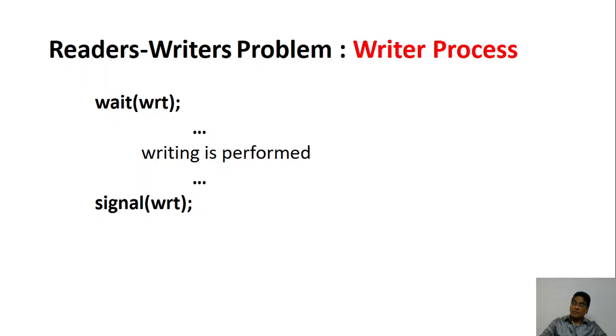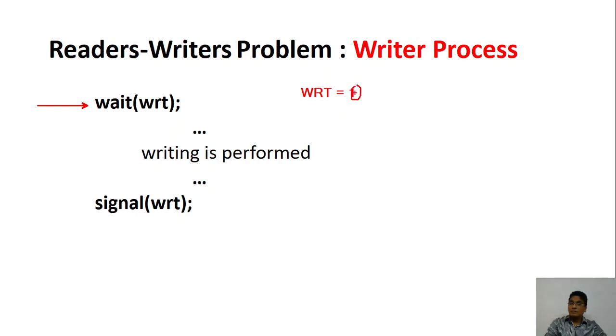So when the first writer comes here, the initialized value of WRT was 1. So when you call wait on WRT, what will happen? Minus minus. Remember that, in the semaphore, if it is greater than 0, then minus minus.